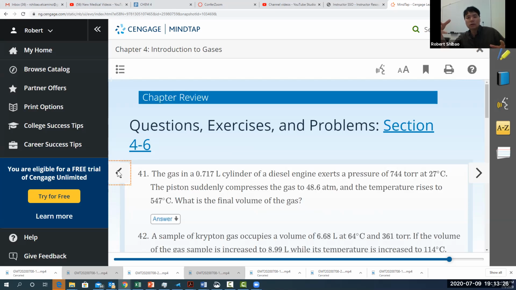1 mole of gas, that's the quantity, is related to how many molecules are in there. 1 mole of gas has what we call an Avogadro's number's worth of molecules, which is 6.022 times 10 to the 23rd molecules, and has a volume of 22.4 liters.